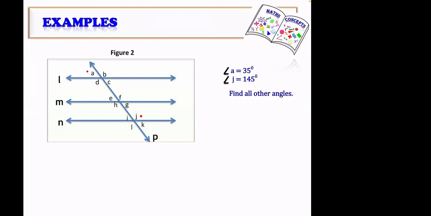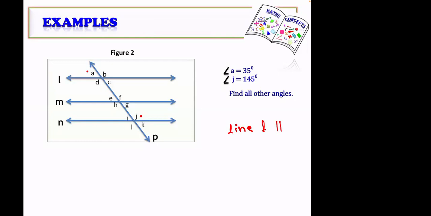Here in this example, I have given that angle A is 35 degrees. All these lines L, M, and N are parallel and P is a transversal. Let me also tell you, this is the symbol of parallel lines, double vertical lines.